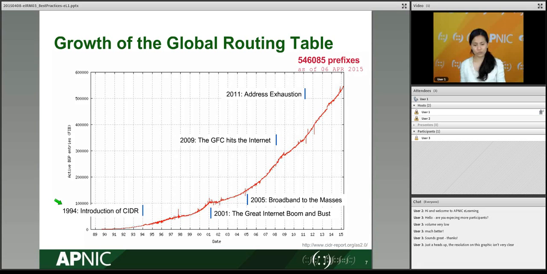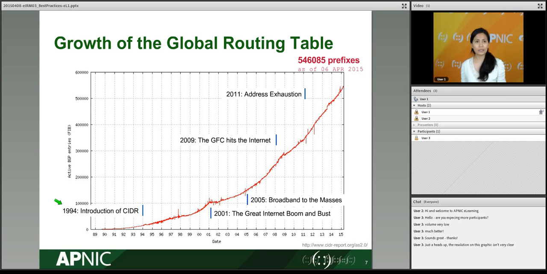Now, I'd like to just show you very quickly the growth of the routing table. As I've mentioned in the past two slides, we said that the internet is growing and the routing table is really congested. Right now, as of yesterday, when I updated this slide, we have about 546,000 prefixes in the global routing table. That's as of the 6th of April, yesterday.